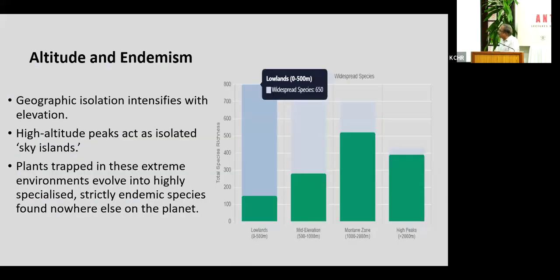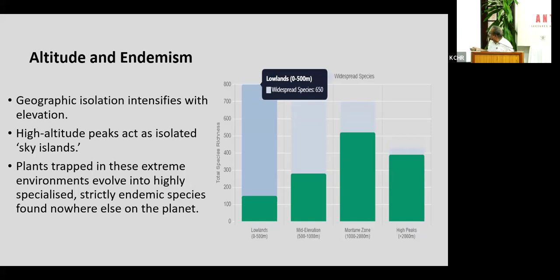And this Shola grassland formation is very unique in its nature. By looking at the endemism of species, we could see that the majority of the species are found in the mountain zone as well as in the high peaks compared to mid elevation and the lowland.